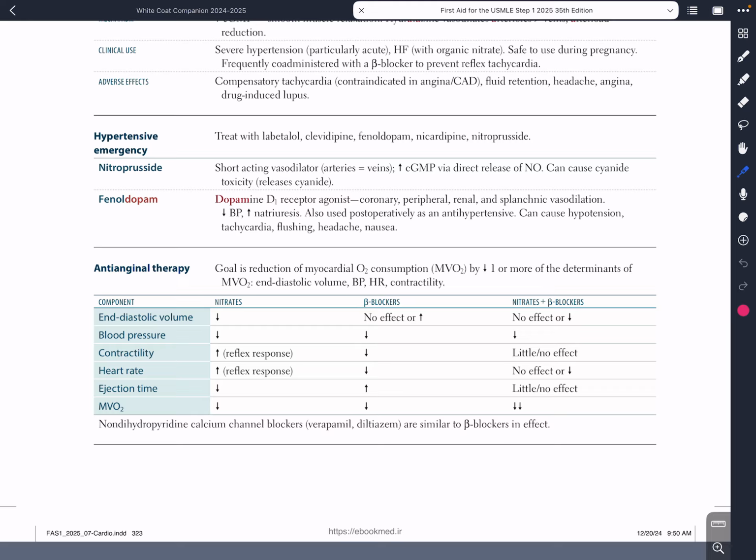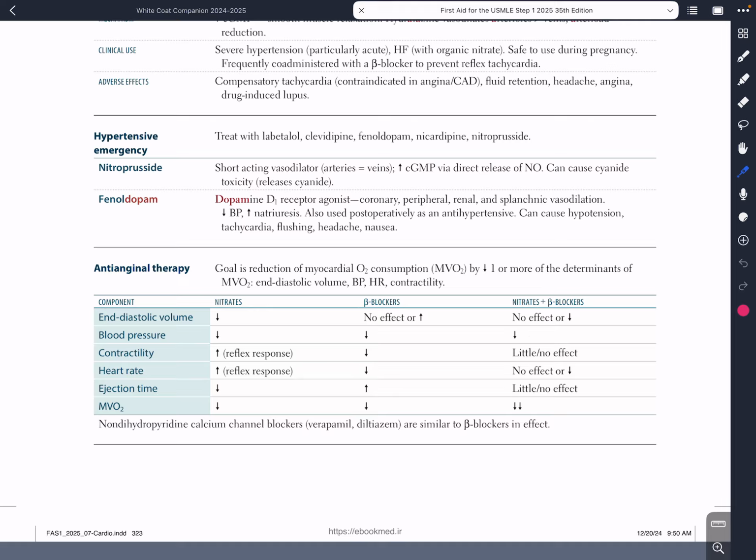Anti-anginal therapy is given when the patient is experiencing chest pain, because it is a symptom of angina. So MVO2 is decreased by anti-anginal therapy by decreasing end diastolic volume, blood pressure, heart rate, contractility.